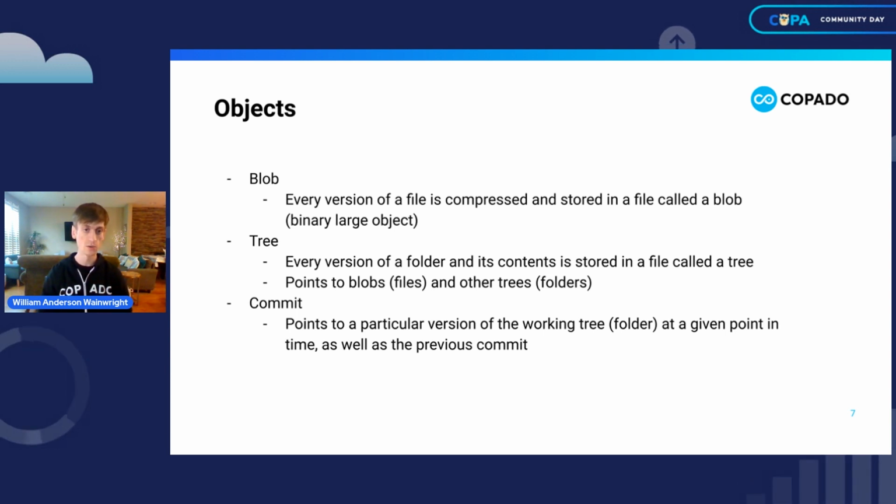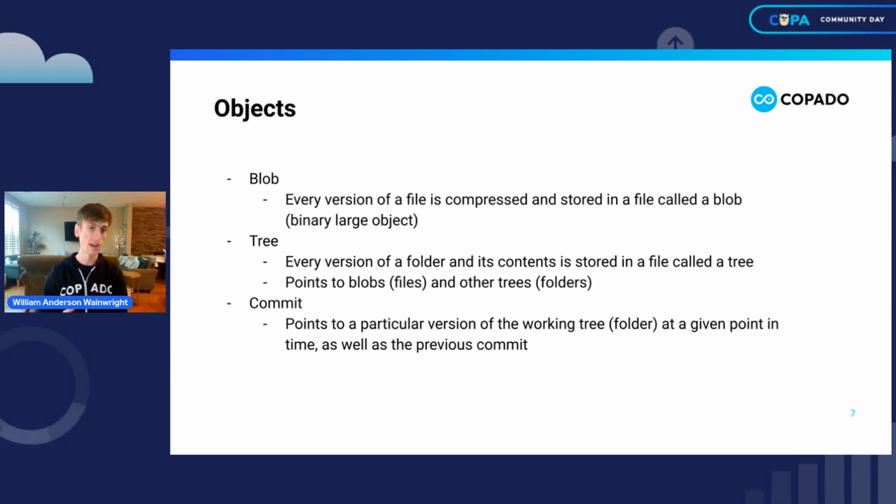So Git stores objects in three major forms. The first is a binary large object. Every version of a file that you've ever committed is stored in Git as a binary large object, a blob. Git stores this in a hidden folder, and it stores every version that you've ever created.